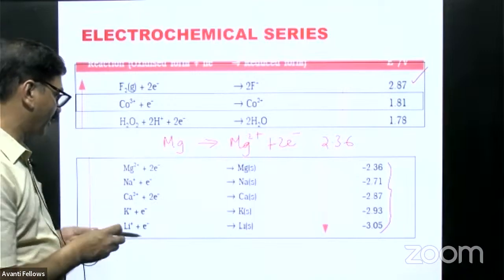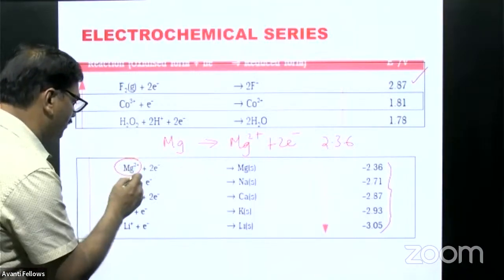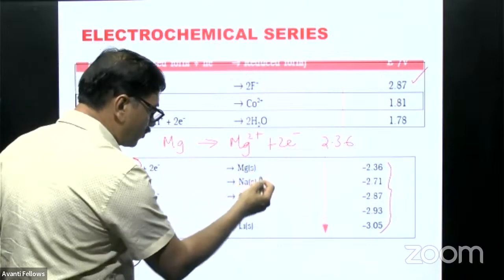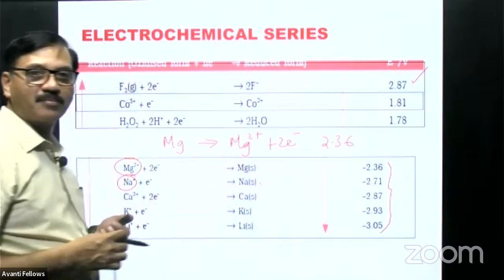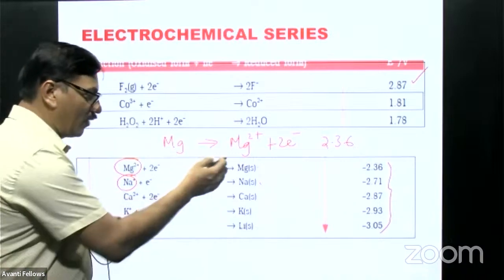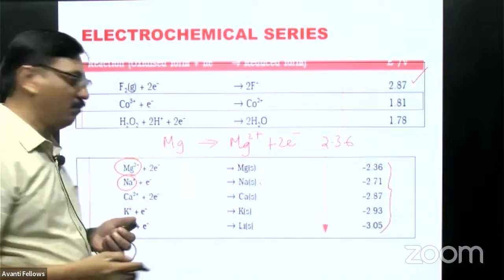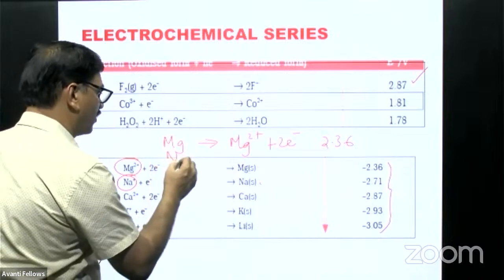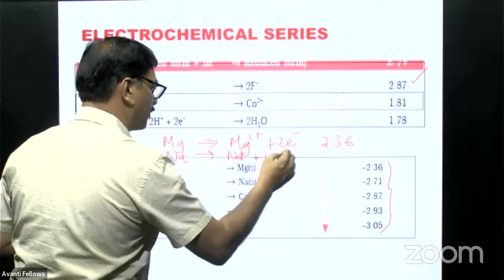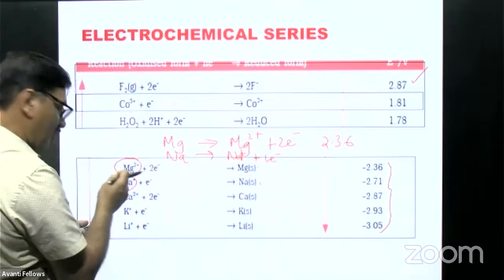Now compare magnesium and sodium. Compare this electrode potential, and can you tell me which is the more reactive species among these two? In order to compare the reactivity order of magnesium and sodium, take these two equations. Sodium forms sodium ion plus 1 electron. That means it is the reverse process.